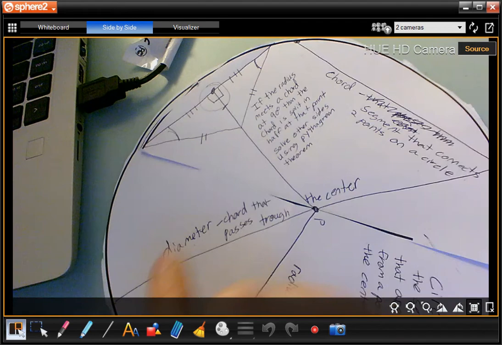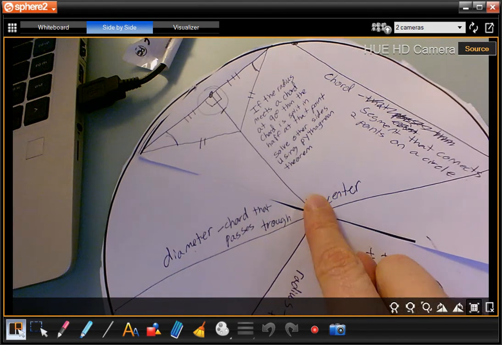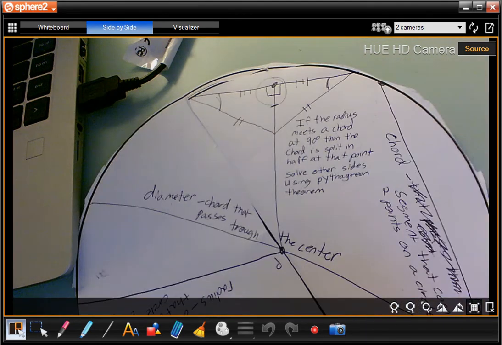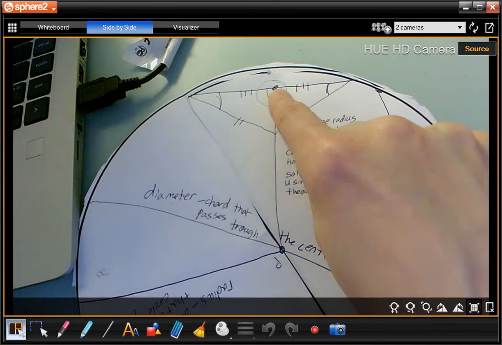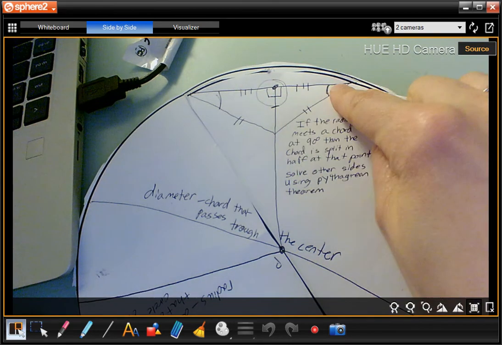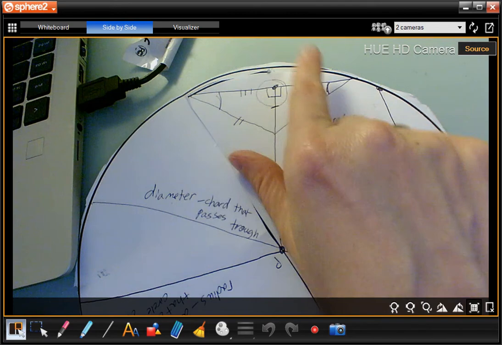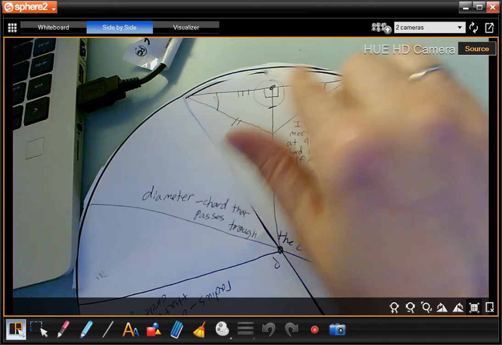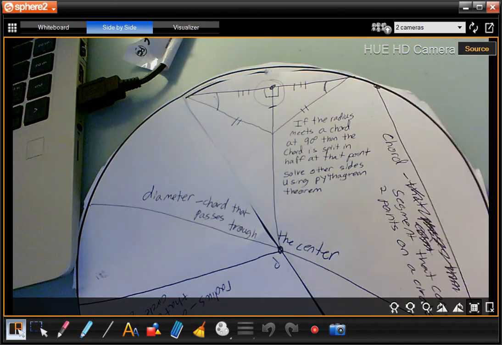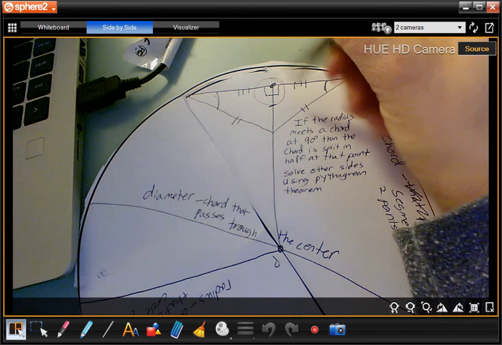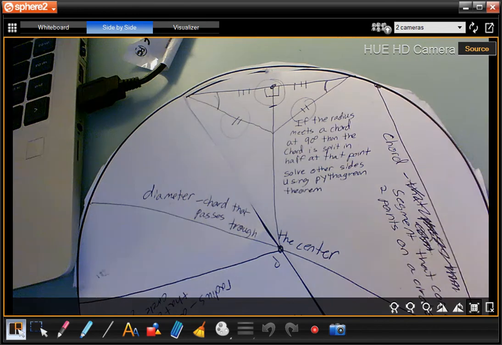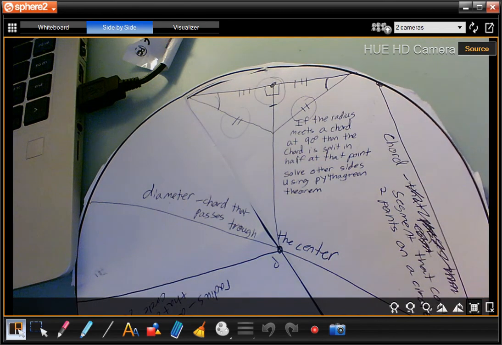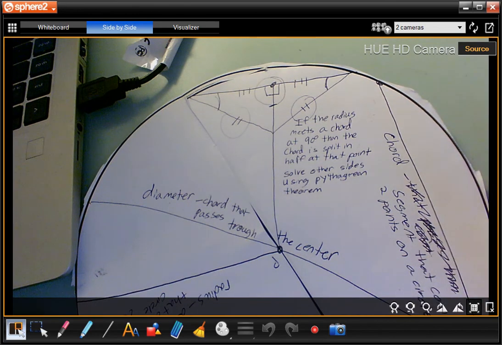And a diameter is a special chord that passes through the center. We also know that if a radius meets a chord at 90 degrees, we have split that chord in half. Therefore, we can draw in other lines to show that we have 2 right triangles. So we can use the Pythagorean theorem to find other sides. Okay, and we're going to do an example like that. So that is page 1.